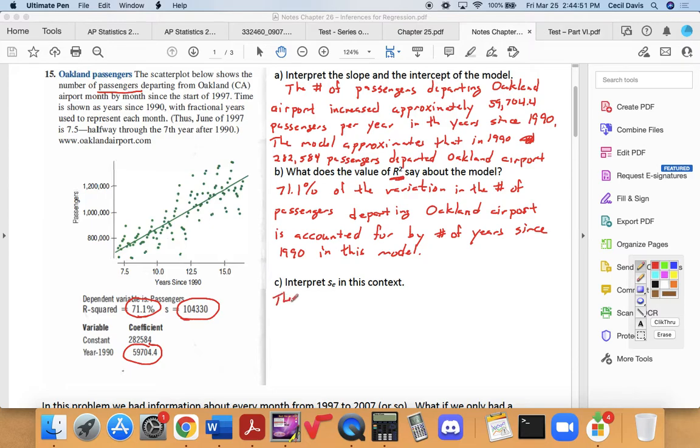So the standard deviation in the number of passengers for the model is 104,330.